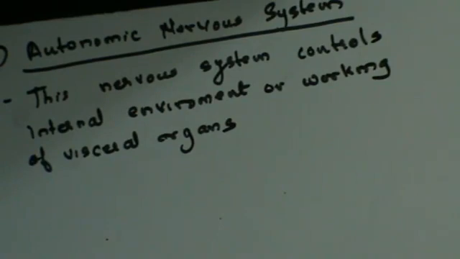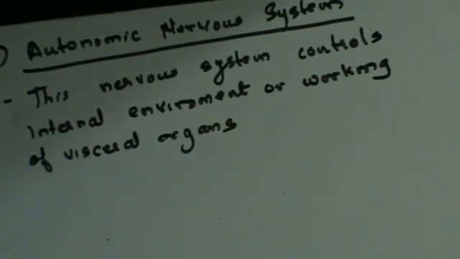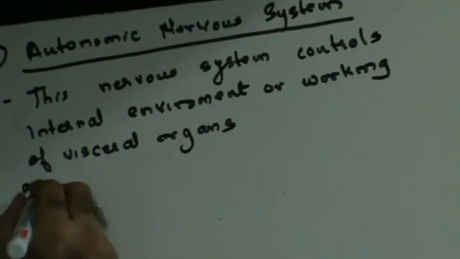Right? Now, it gives response to the internal receptors and is involuntary. Suppose you're feeling thirsty, so it would be a response there. You're feeling hungry, you have had excessive food, you're feeling too full. All those responses to the receptors would be given there.